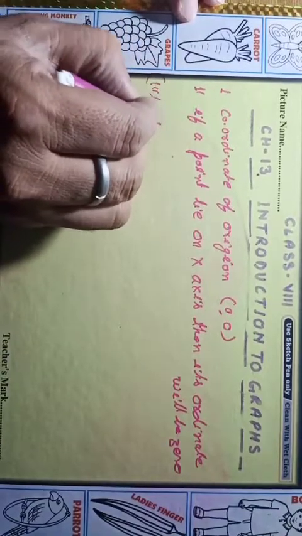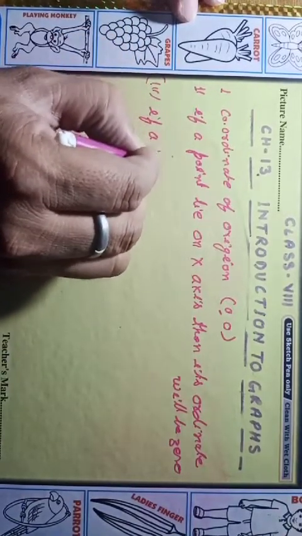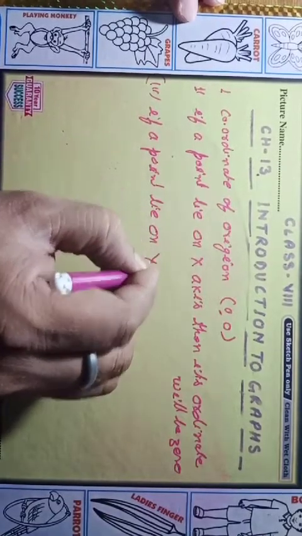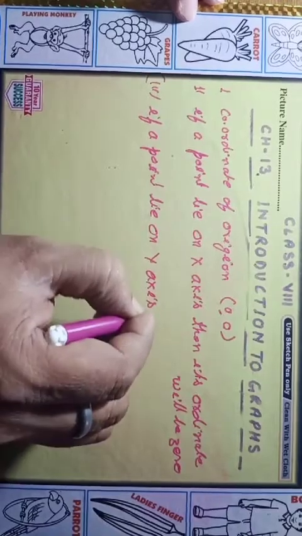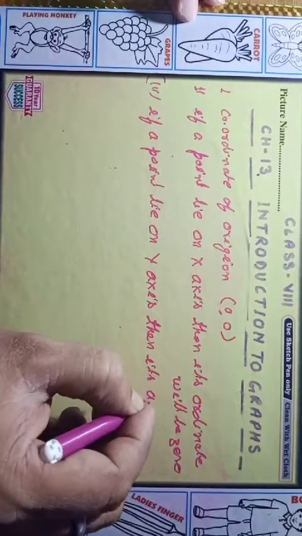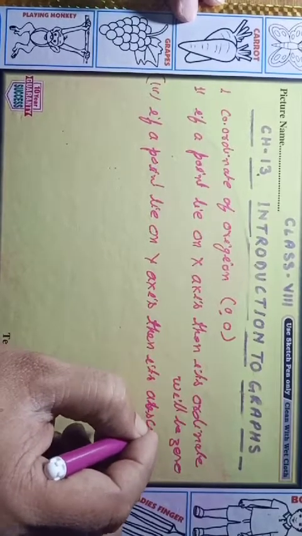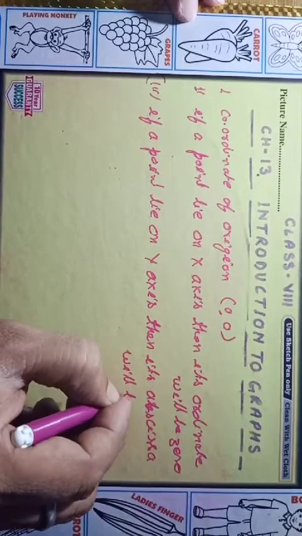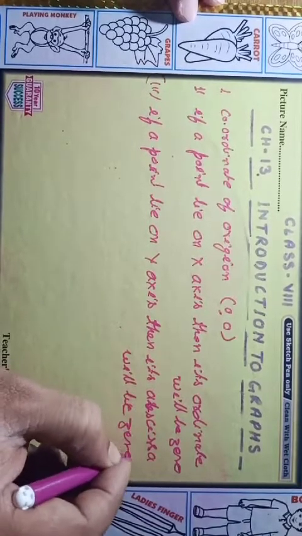If a point lies on the y-axis, then its abscissa will be 0.